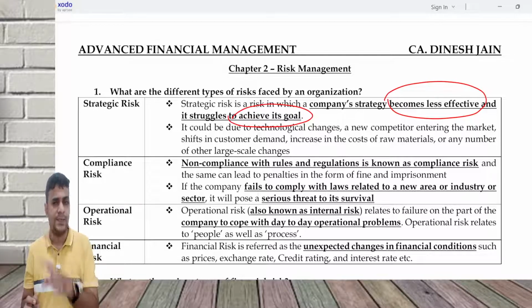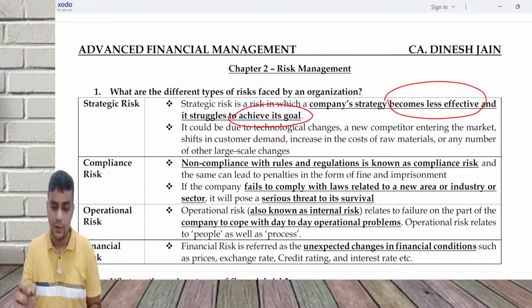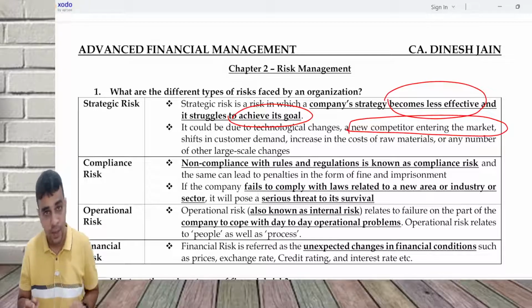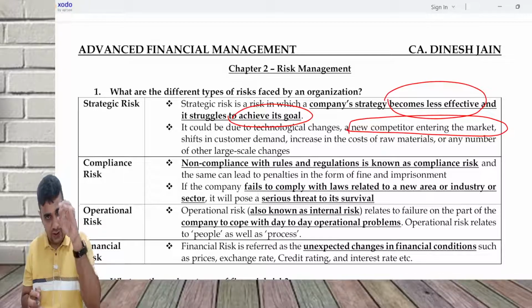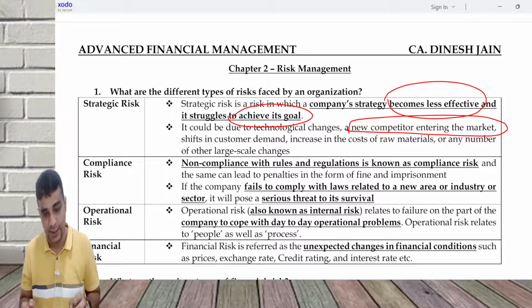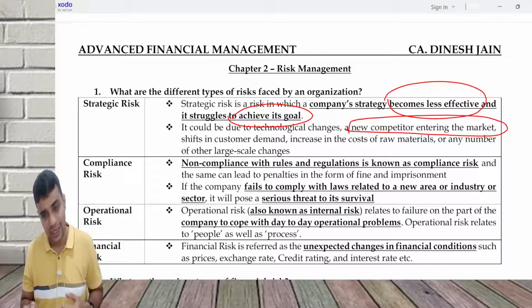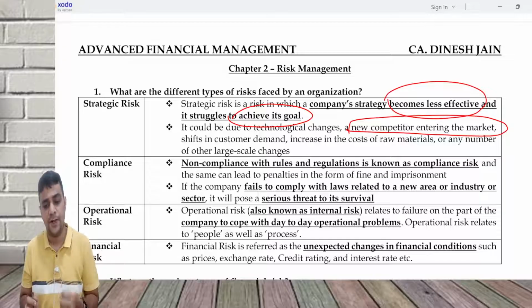A very good example which the ICAI material talks about is a new competitor entering the market. Example, Reliance Jio. When Reliance Jio entered the telecom industry, the strategy of Airtel or Idea was not effective in getting the required result. They were not able to get whatever results they wanted to achieve.